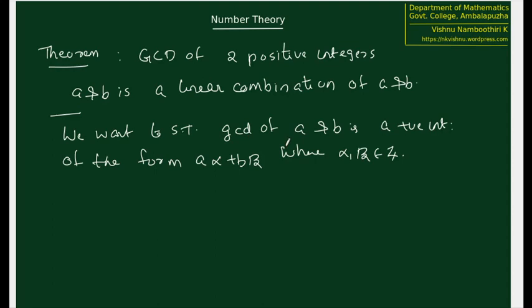So to show that this is a linear combination of the form A alpha plus B beta, we will consider all such possible linear combinations of the form AM plus BN.